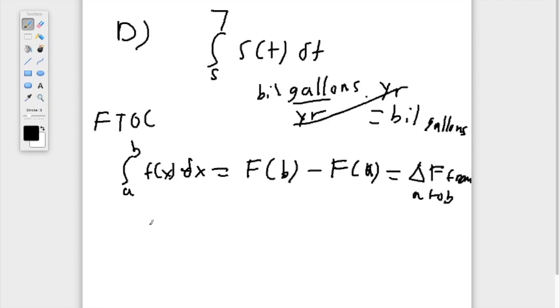So we can rewrite this as the integral from 5 to 7 of s of t dt.